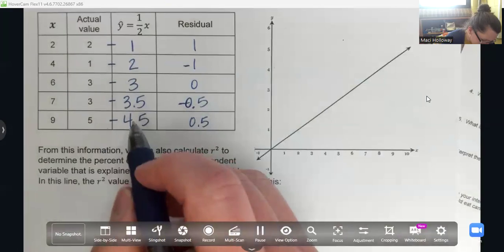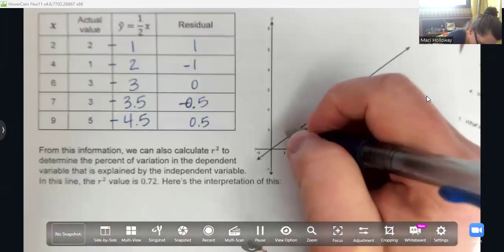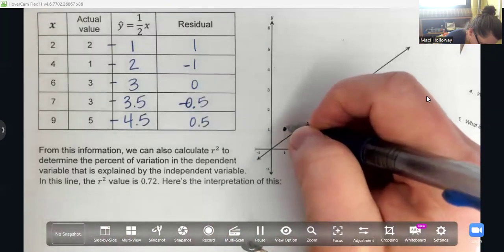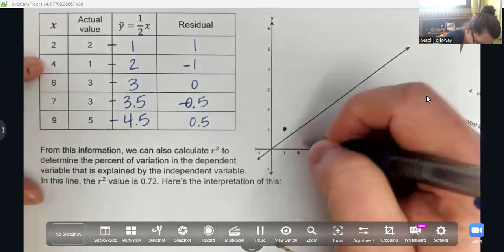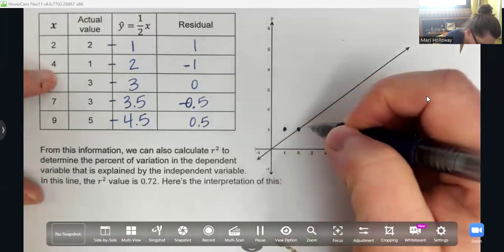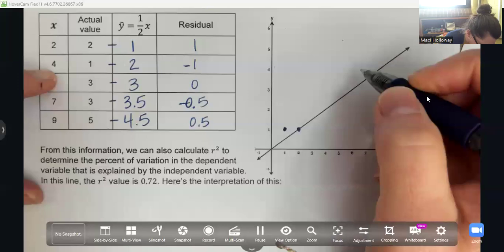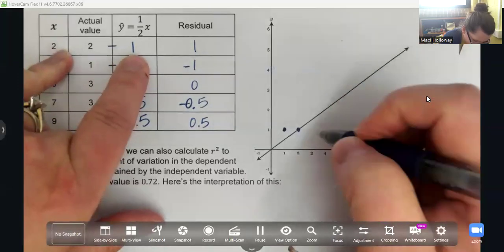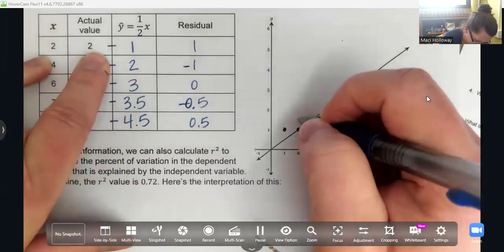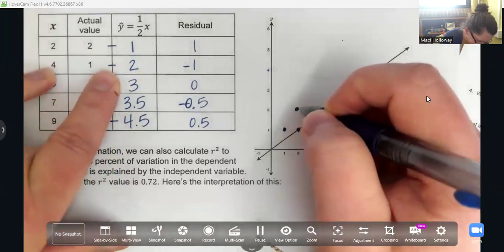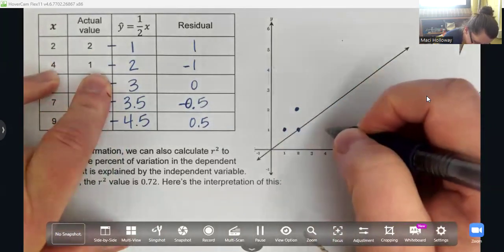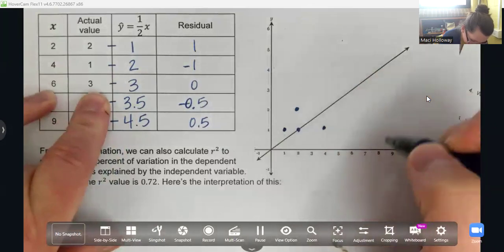We could also plot these here so we can tell a little bit. The 2 predicted, oh, this is our predicted. 2, 2 was our actual. 4, 1 was here. 6, 3.